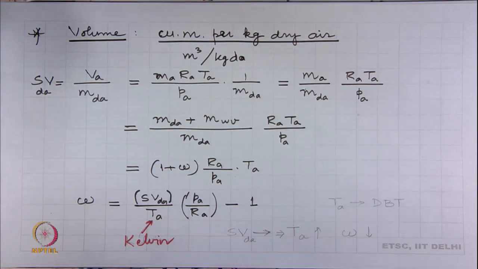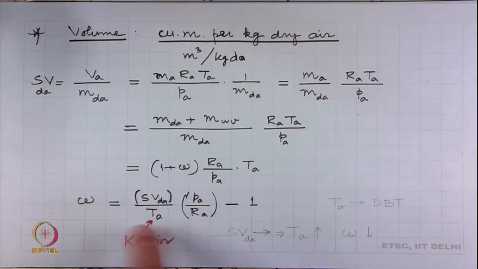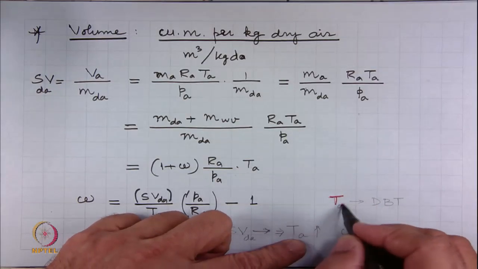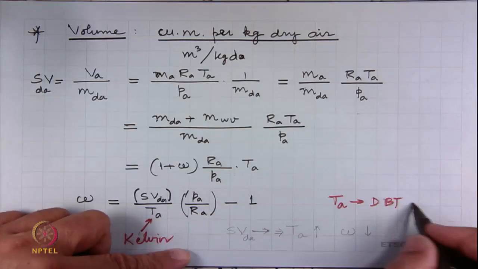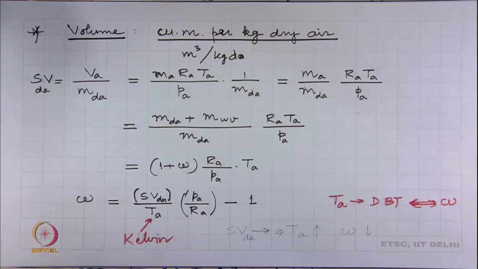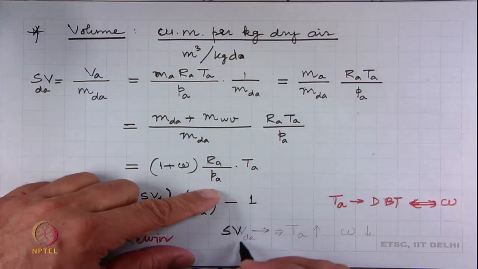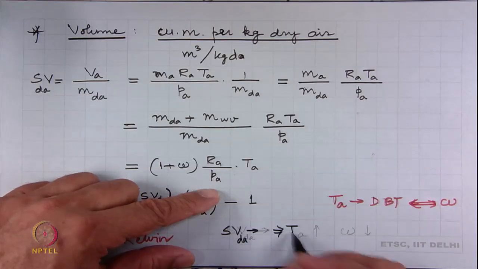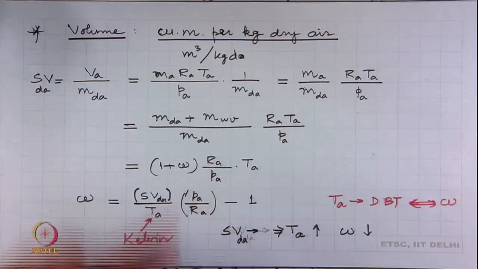So, what it tells us is that for a given value of specific volume, there is a one-to-one connection between the DBT and omega. So, what we are seeing is that for a given specific volume on dry air basis, if this is constant, this implies that as TA increases, omega decreases, and it does so in a linear fashion.